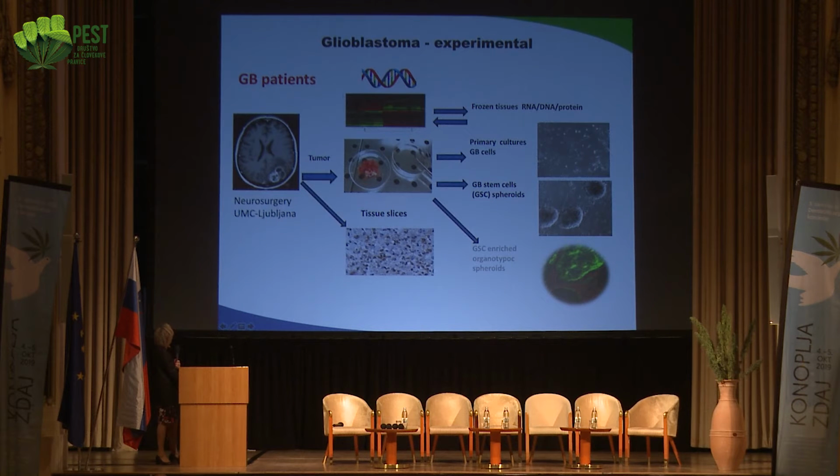We get the tumor pieces at operations from the neurosurgery department of the University Clinic in Ljubljana, and we cut them in pieces, and there is a protocol for how to grow primary differentiated glioblastoma cells and how to grow glioblastoma stem cells. These are always grown as spheroids, in three-dimensional form, whereas these cells are more adherent differentiated cells.